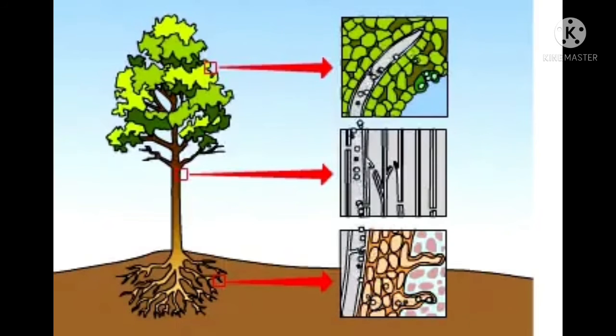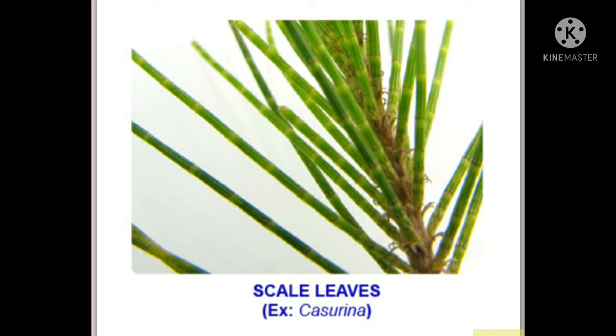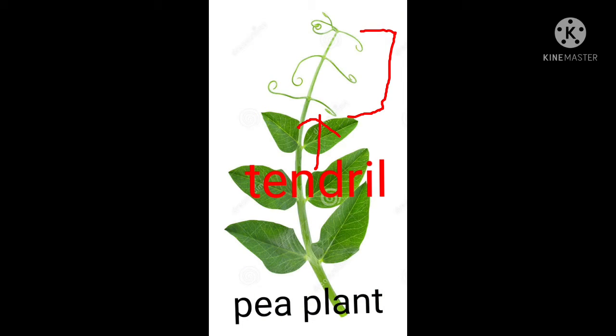Besides transpiration, leaves are modified to perform other types of functions. Like in some plants, the leaves are converted into spines to protect from enemies or to avoid transpiration in desert. In some plants, the leaves are converted into coil form. In the pea plant, for example, the leaves are converted into tendril form.